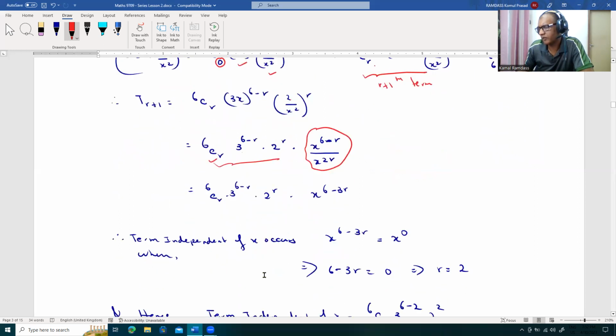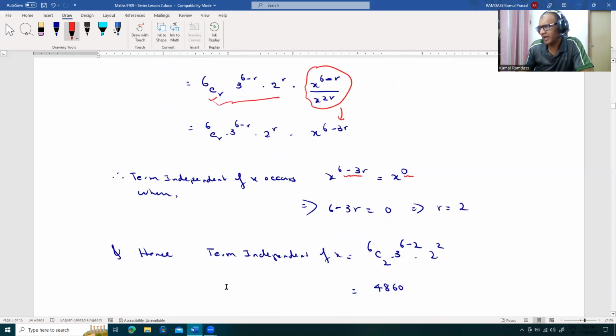Et the term independent of x, ça veut dire ça, leaving x to the power of 6 minus 3r. Il faudrait que mon pays dans x, the term independent of x, ça veut dire x to the power of 0, ça veut dire x to the power of 6 minus 3r is equal to x to the power of 0. 6 minus 3r is equal to 0, et r est égal à 2.